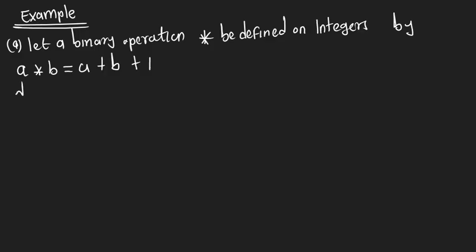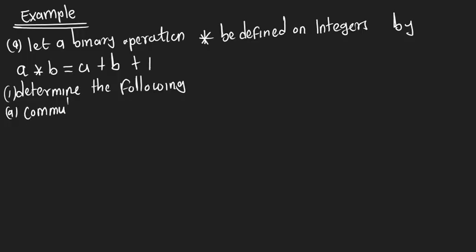Then the question says, determine the following. A, commutative. B, associative.